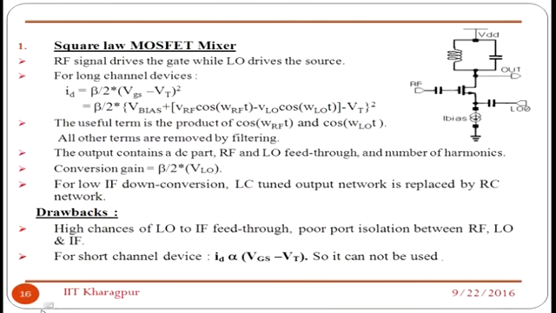So all these things will come, plus there is a very big issue with short channel effects, because all your designs are now going to 180 nanometer or deep submicron technology, where the main problem is this: your square law device will now start working as a linear device.